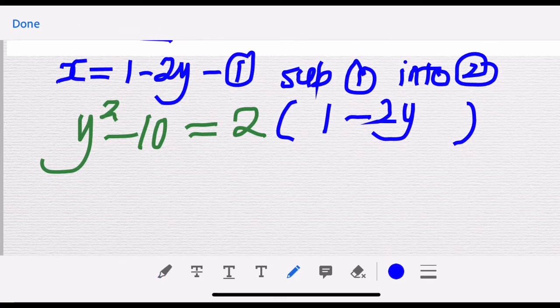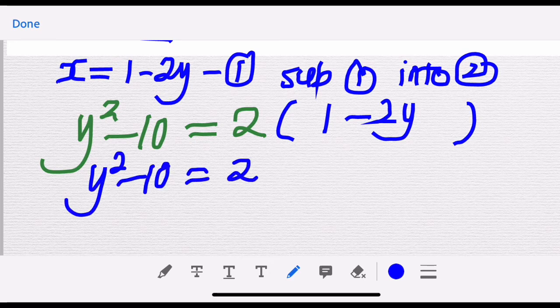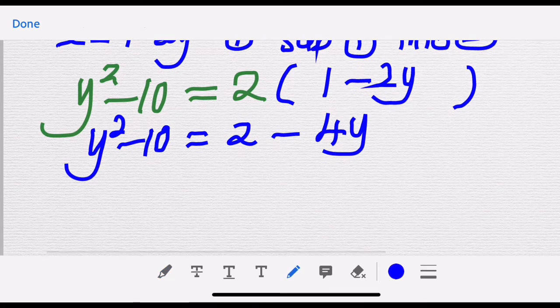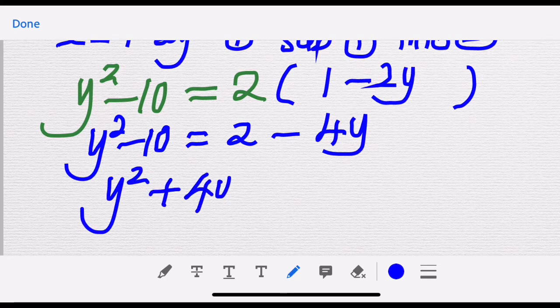So we will get y square minus 10 equal to 2 times 1, which is 2, and 2 times negative 2y will be negative 4y. You have to simplify to the simplest form before you can factorize, right?